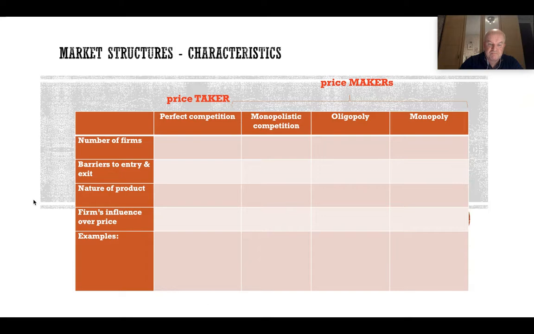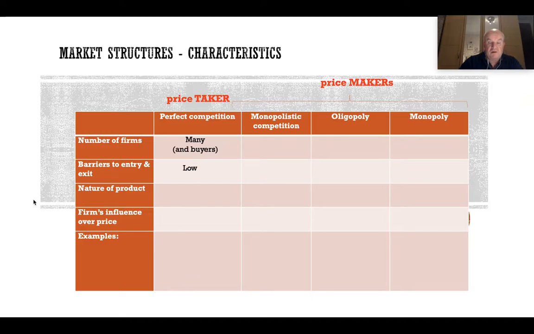Okay, so if we take perfect competition as the first example, then we've got many buyers, many firms, and so we've got a large number of buyers and a large number of firms in a perfectly competitive market.